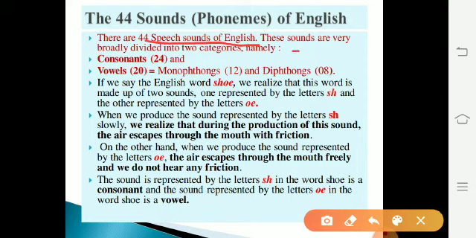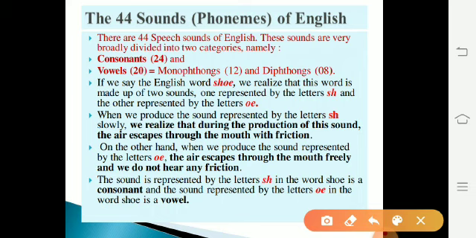These sounds are very broadly divided into two categories, namely consonants, which are 24 in number, and vowel sounds, which are 20 in number. The vowels are further divided into two: monophthongs or pure vowels, which are 12 in number, and diphthongs, which are 8 in number. The detailed study of monophthongs, diphthongs and consonant sounds we are going to do in the next lecture.